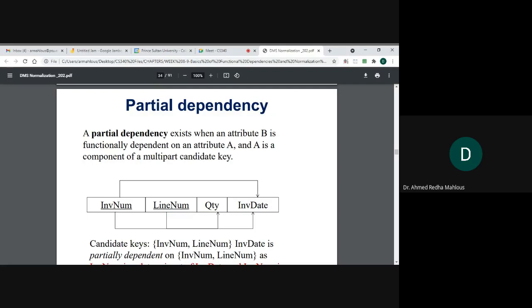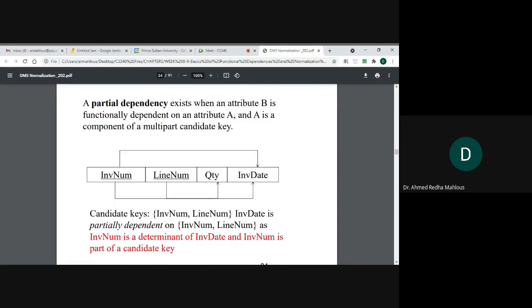If you remember when we talked about candidate keys, let's consider here, for instance, inventory number and line number, which are both underlined. That means they are a multi-part candidate key.